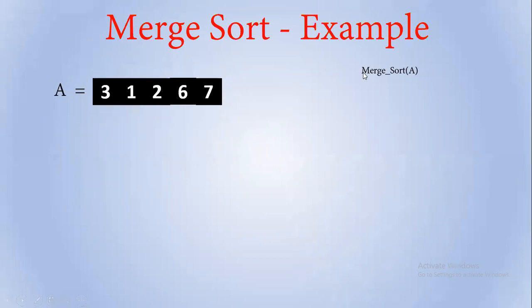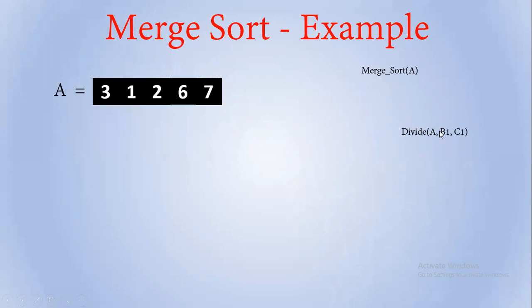What we are going to call is merge sort on this array, merge sort A. The first operation within this function is divide: divide A into two subarrays known as B1 and C1. How this division takes place, we discussed last time.